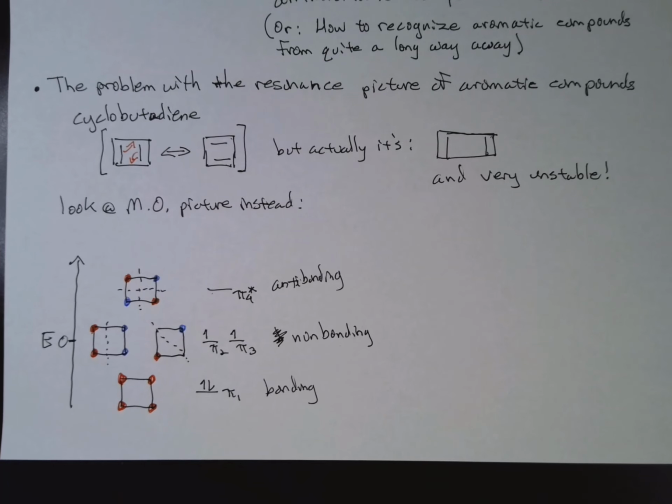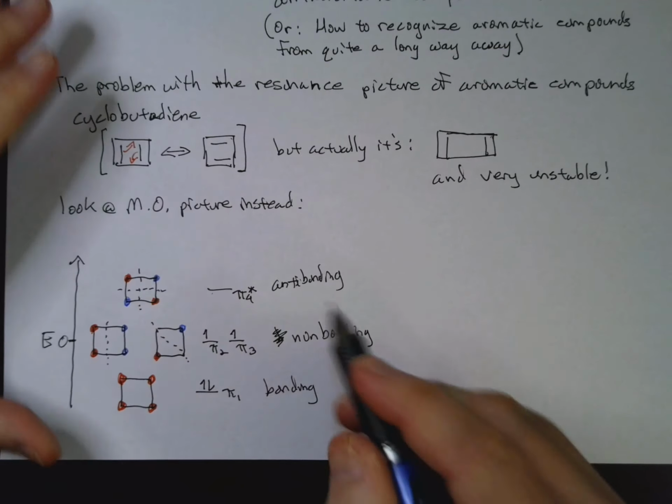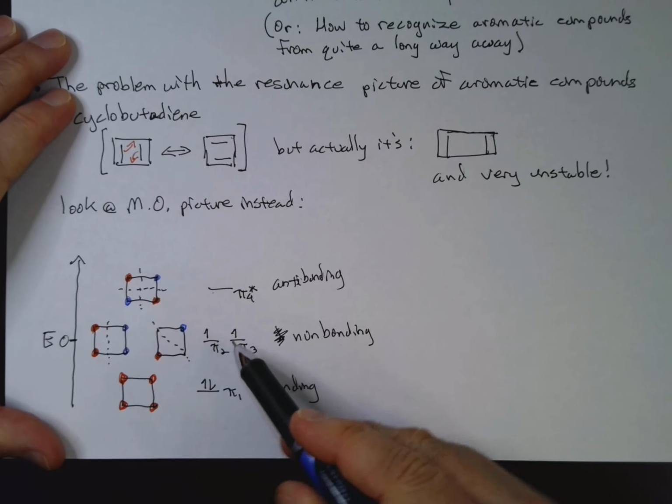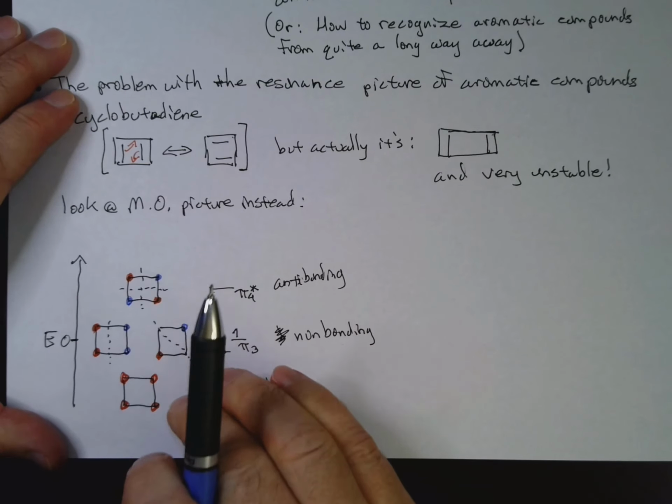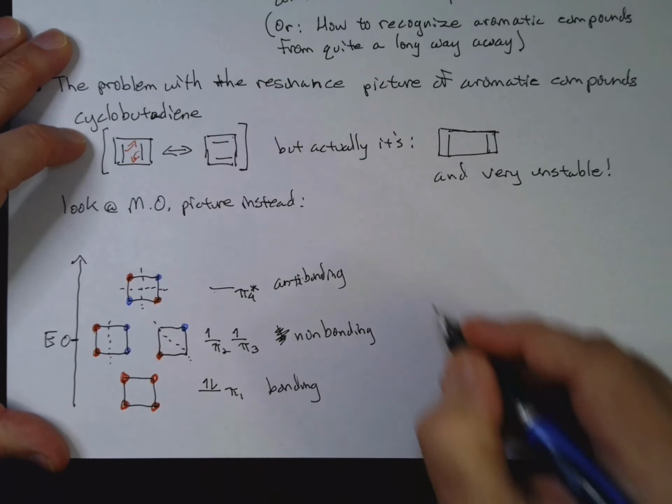And the issue that we have here is that we have electron density in the non-bonding orbitals. There isn't a picture of this in the text, so this will have to suffice.